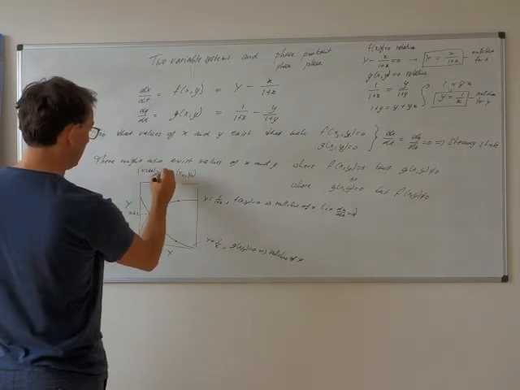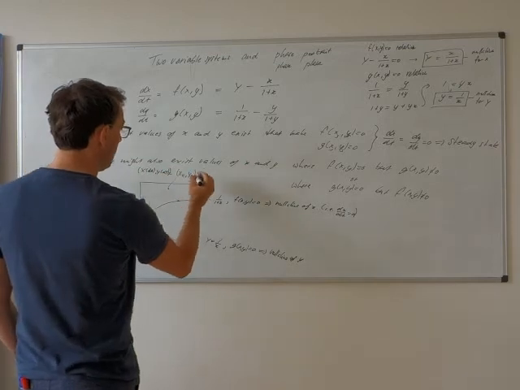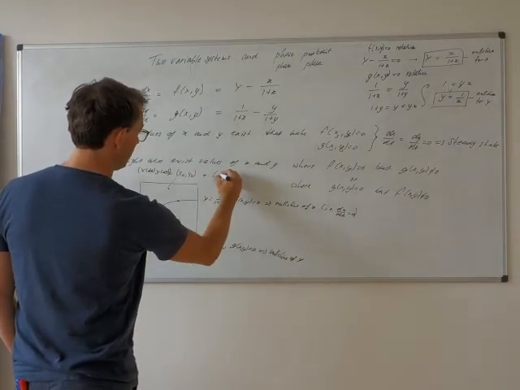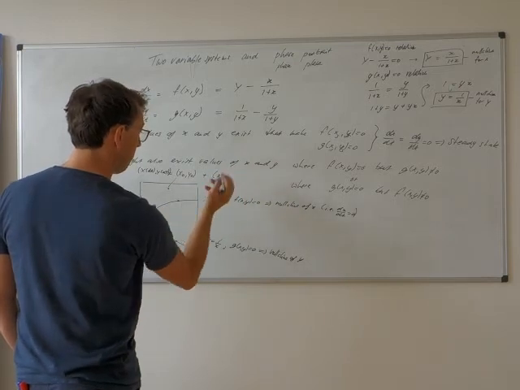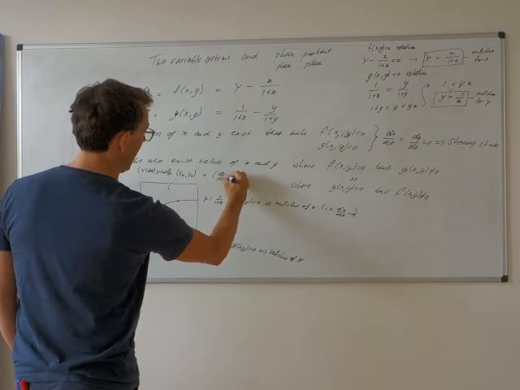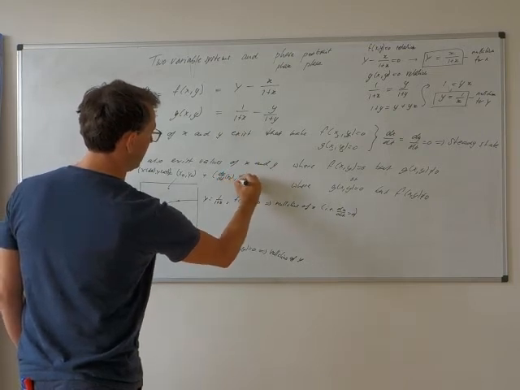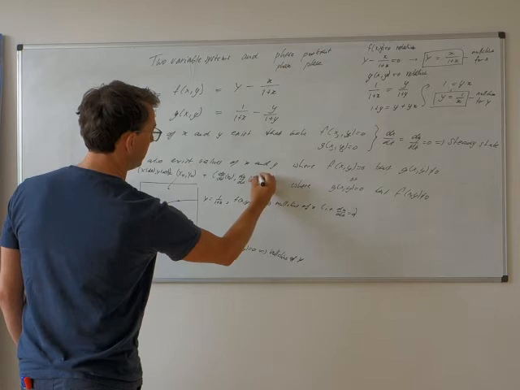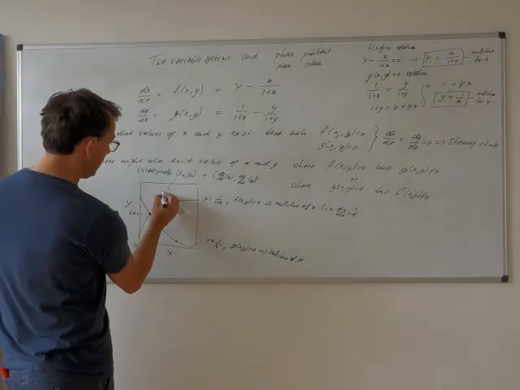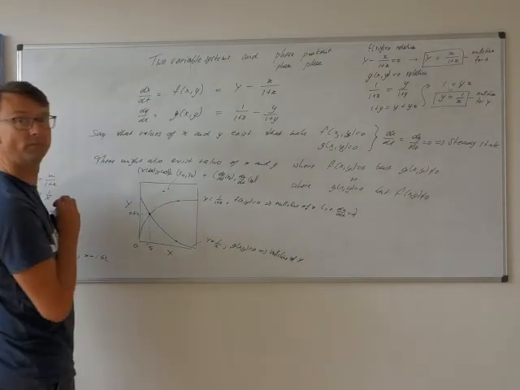Well, that is going to be x0 plus the change of the x dt at x0, and this change in the y dt at y0. So that's the new point. Let's say that neighboring point is there.